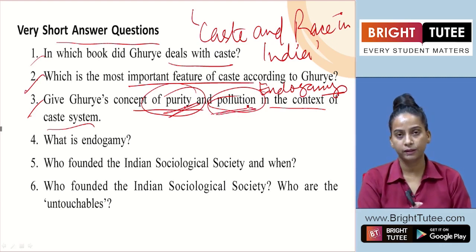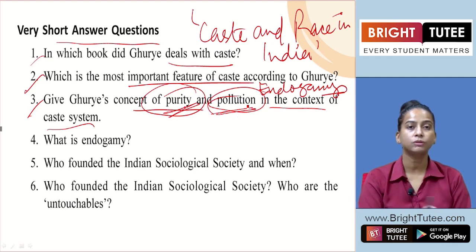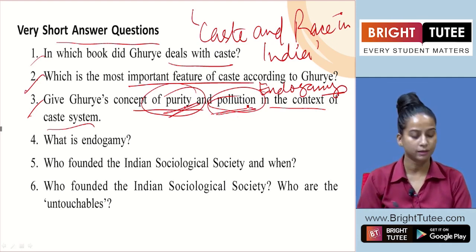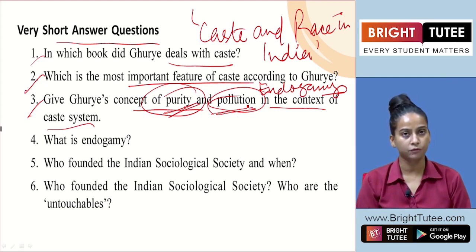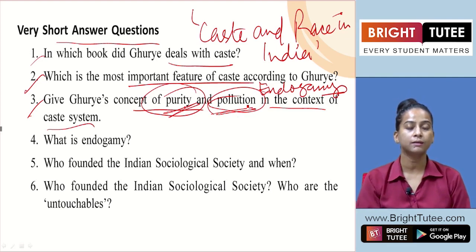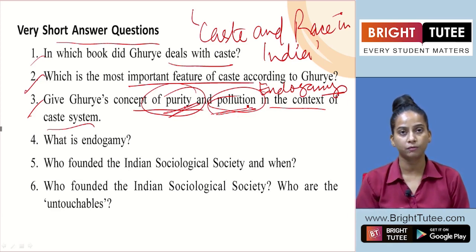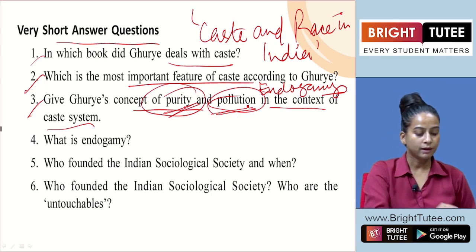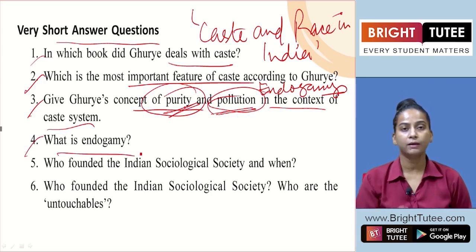For example, he mentioned how physical contact with the lower caste people leads to ritual pollution to the upper caste group. So all these are the things that he mentioned based on his studies of Indian societies, where he found that people used to discriminate among the different caste groups based on different factors.